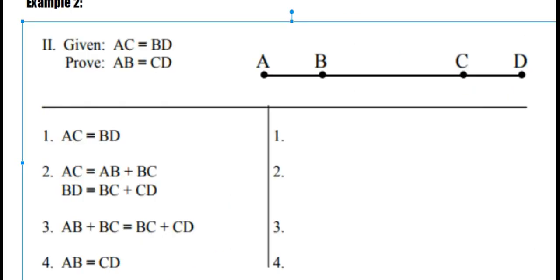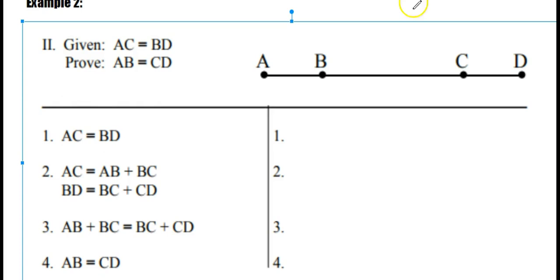Okay, in our next example, this time we're given AC is equal to BD, and we want to prove that AB equals CD. Now this is interesting because here we don't have any congruence, we have equals. So we're talking about measures, measurements. Because of measurements, we can add things and subtract things. These are taking the place of numbers.